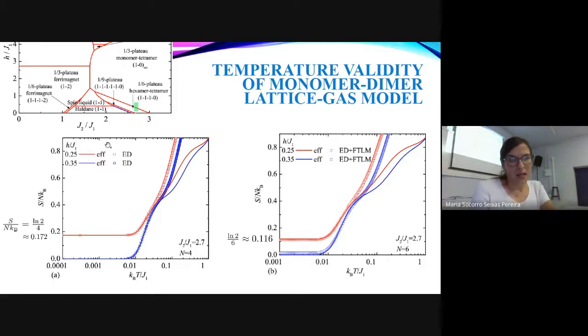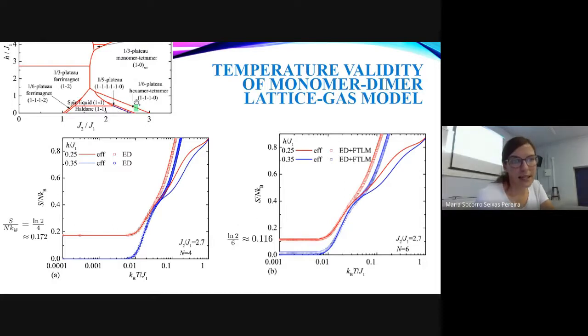Just below the critical field, the ground state is the hexamer-tetramer state, which is a twofold degenerate ground state. And indeed, entropy in the limit of zero temperature approaches this value. Our effective model also confirms that, and the same for 6 unit cells.